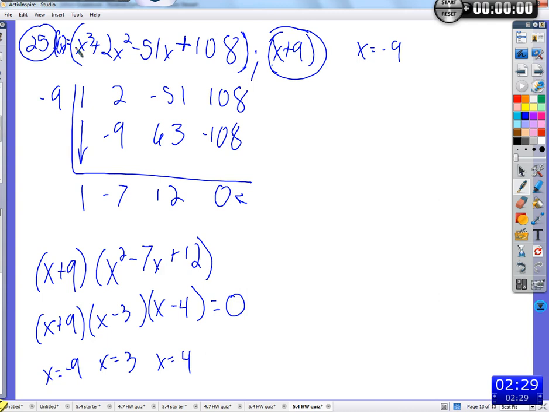And once I factor it down more and set each factor equal to 0, I can find the other two zeros.